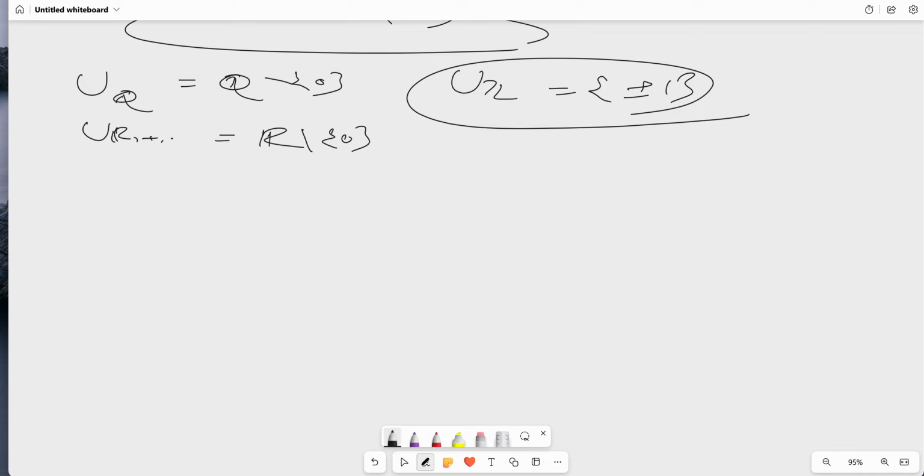What is the definition of zero divisor? Let me write first. Zero divisor, I am writing in very short. If I'm going very fast, then please let me know. I will try to make it more precise.